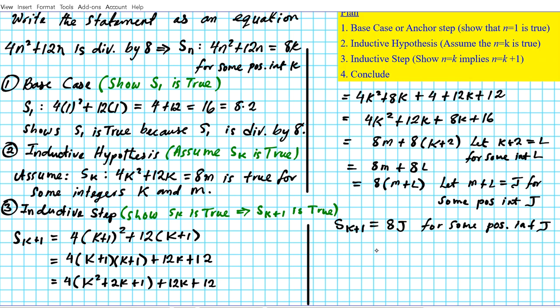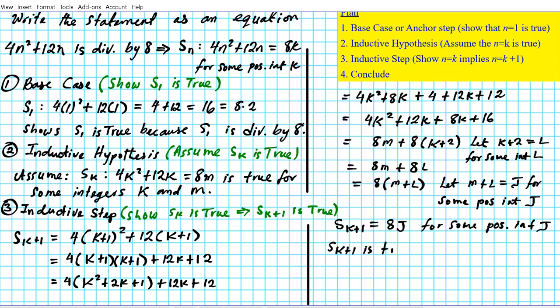Namely, it is divisible by 8. Remember, the S sub n statement means that whatever is represented is divisible by 8. So S sub k plus 1 can be written as an integer multiple of 8. It automatically shows that the inductive step is divisible by 8. So S sub k plus 1 is true.